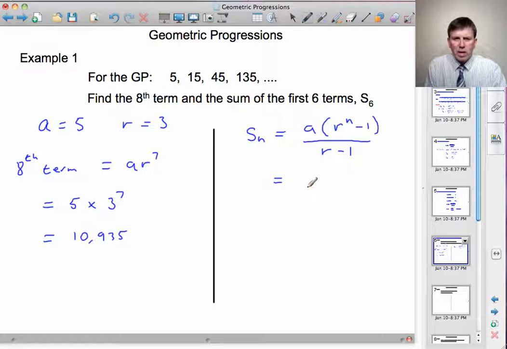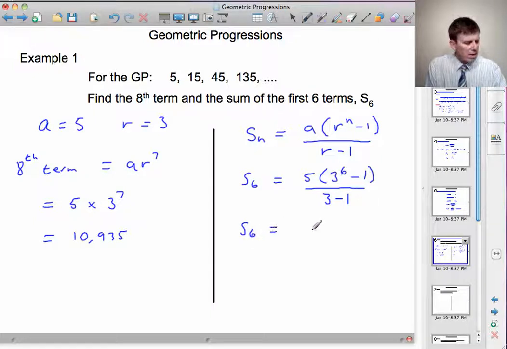Substituting the values for A, R and N, and we get Sn, or S6 in this case, is equal to 5 multiplied by 3 to the power 6 minus 1 divided by 3 minus 1. And if we enter that in our calculator, we get a final answer of 1,820. And that concludes example 1.